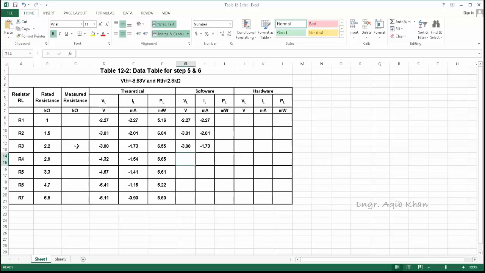The next value of RL is 2.8 kilo ohm, which is equal to R Thevenin.